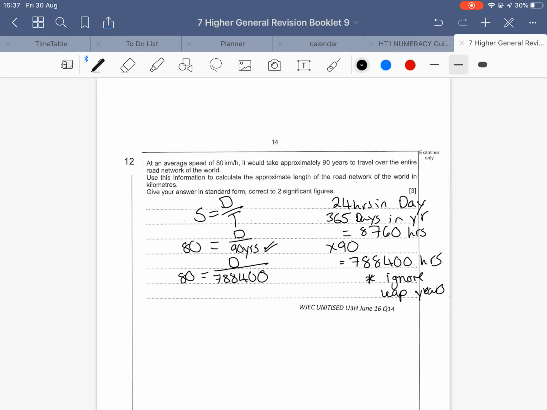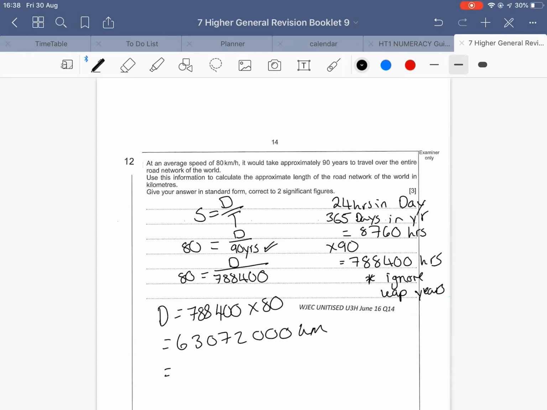So to find out our distance now, it's on top, so we've got times. So to find out our distance, we're going to do 788,400 times 80, and you get 6,307,200 kilometers. So 63,072,000 kilometers.